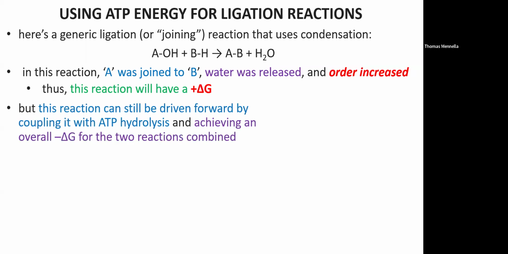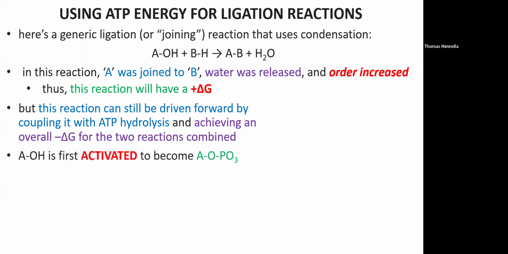But this reaction can be driven forward despite that positive delta G if we couple this reaction with ATP hydrolysis. If the amount of energy we release by breaking that ATP is greater than the amount of energy we lose by doing this polymerization reaction, we can bribe the universe with the balance.